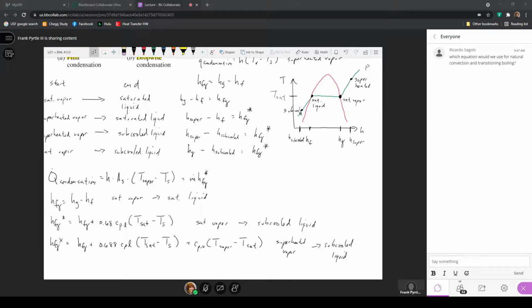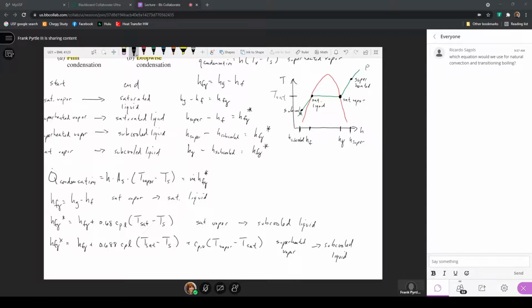That is, it's not a star, it's just HFG. So if I'm just going from saturated vapor to saturated liquid, the rate of condensation is just the mass flow rate, the rate at which condensate is formed, times what would just be HFG. So from here on the dome to here on the dome.